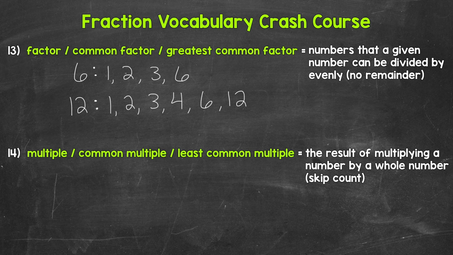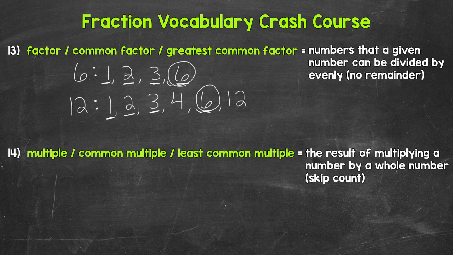So between 6 and 12, 1 is a common factor, 2 is a common factor, 3 is a common factor, and 6 is a common factor. So again, common factors are just factors that numbers share. Then as far as the greatest common factor, that's the greatest or biggest factor in value that the numbers share. That's going to be 6 here. The greatest common factor between 6 and 12 is 6.